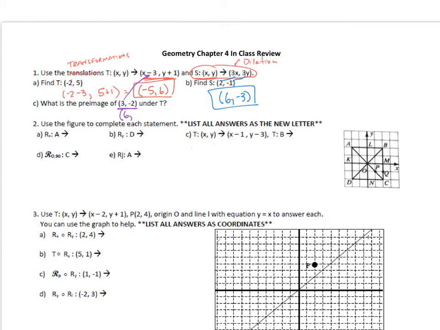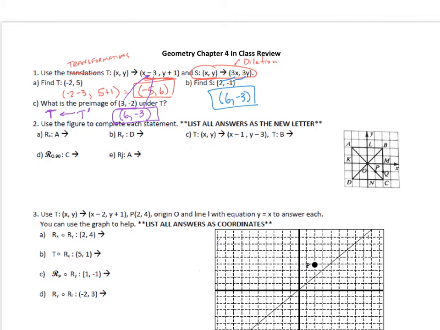This was the point that came before. In other words, this time I want to go backwards. I know the T prime, I want to know what T was. And over here, instead of adding 1, I'm going to subtract 1, so I'll get negative 3. Again, if you put this point into that transformation, you will end up with 3, negative 2.